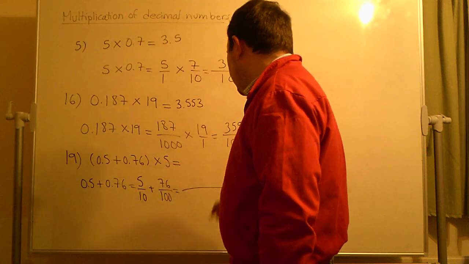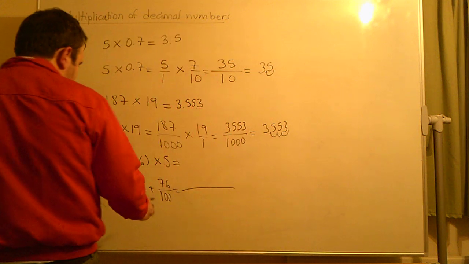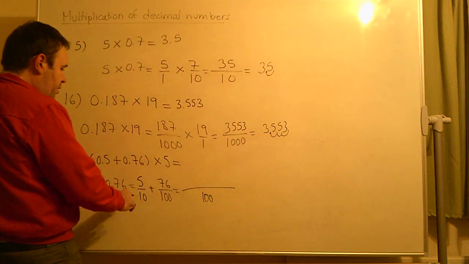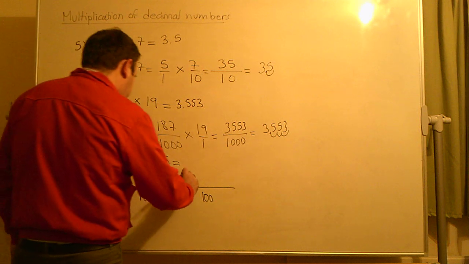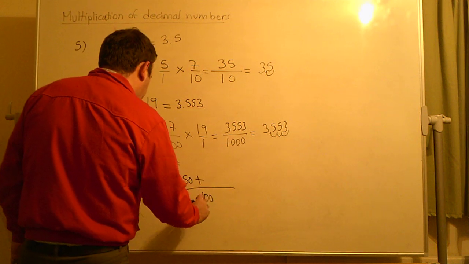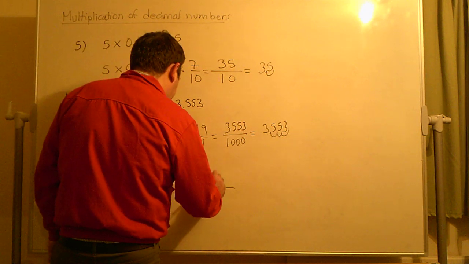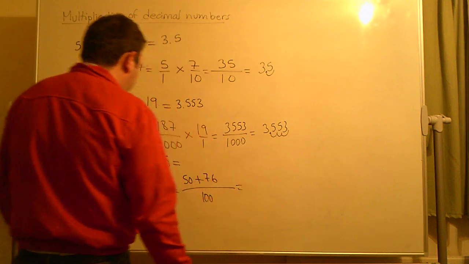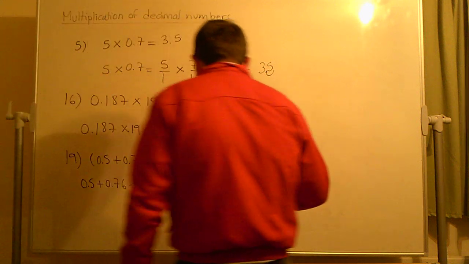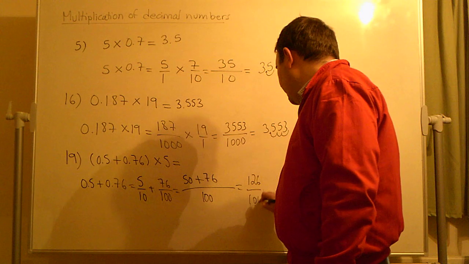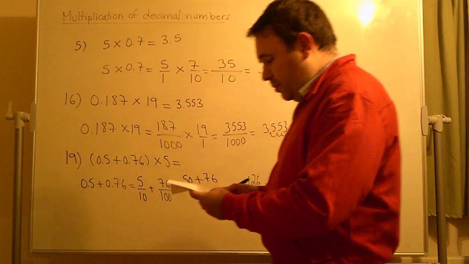So the least common multiple in this case would be 100. So 100 divided by 10 is 10 times 5 is 50, plus 100 divided by 100 is 1 times 76 is 76. So this would be 126 divided by 100.